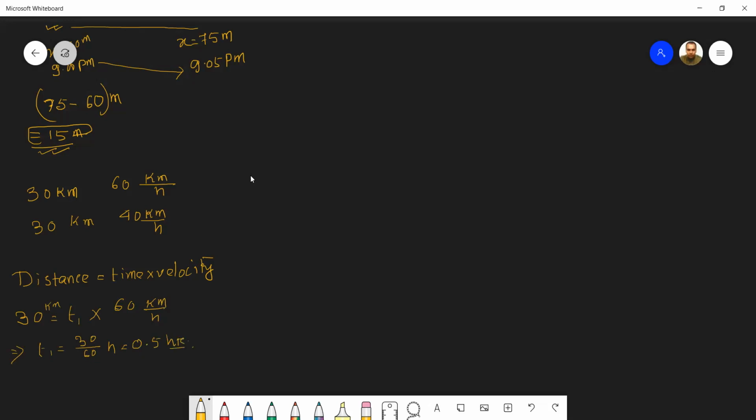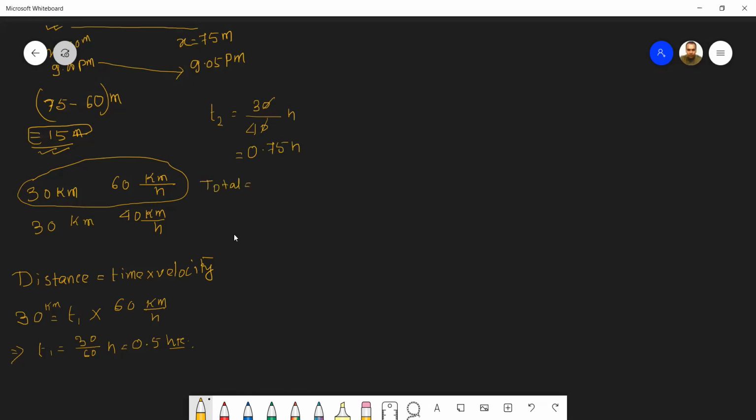So this 30 kilometers the car covers in 0.5 hour. Secondly, what will be time t2? In order to calculate t2, we just divide 30 by 40, so 3 divided by 4, which gives us 0.75 hour.